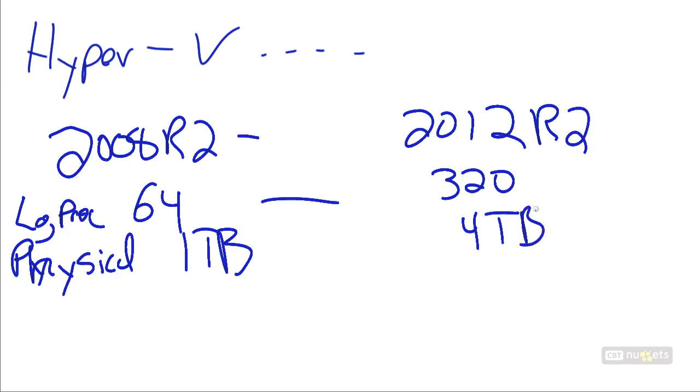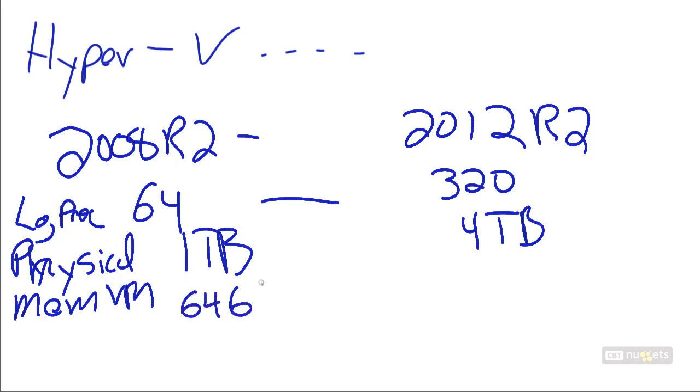There's this one ridiculous number that just blows my mind, and that is the memory per VM. So memory per VM, I think in 2008 R2, it was like 64 gig, right? I think it was 64 gig.